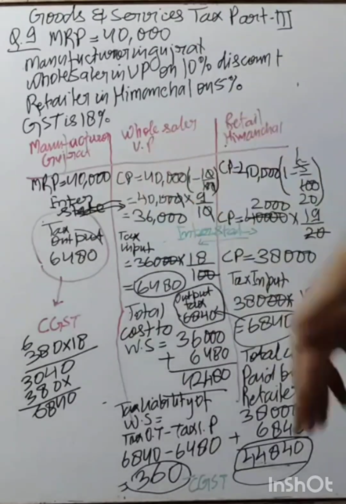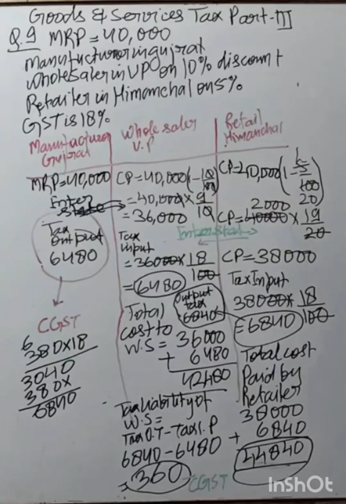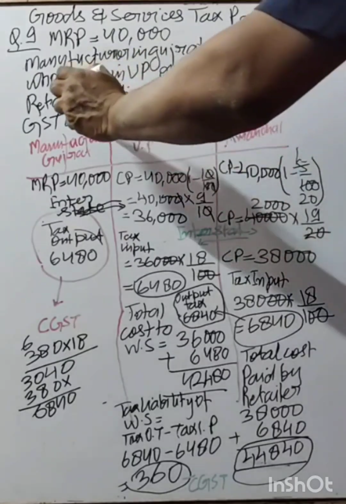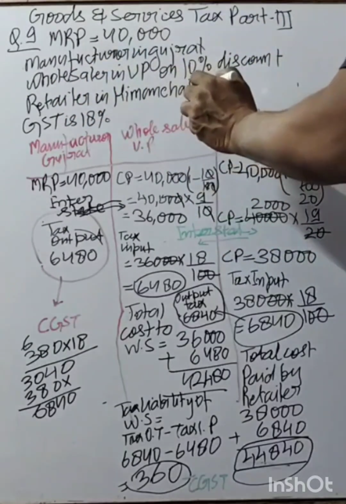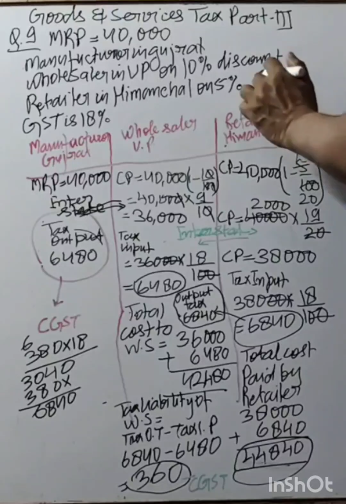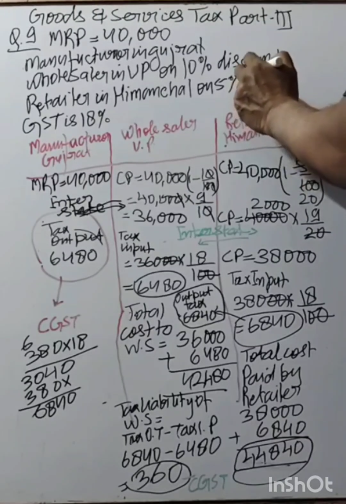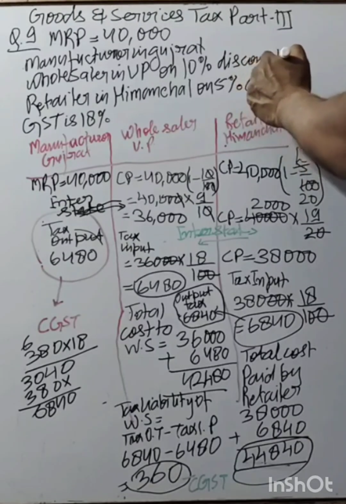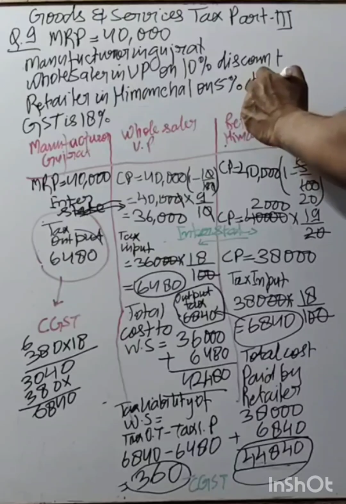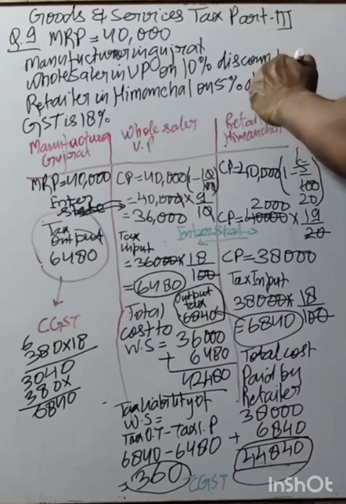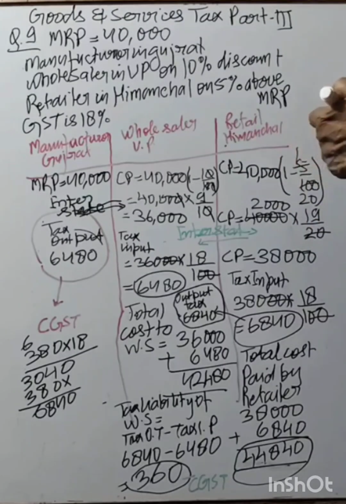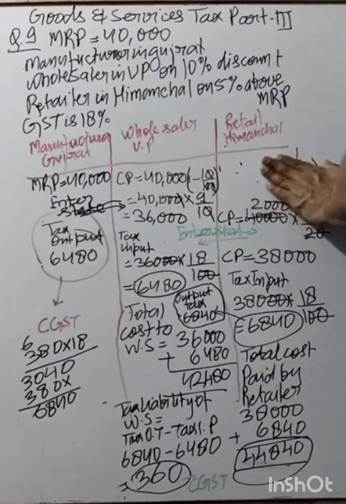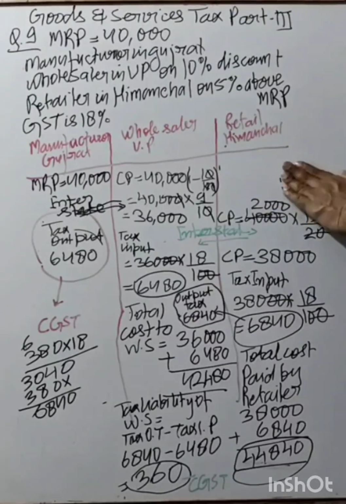If giving discount then all is correct, but he is selling to the retailer in Himachal Pradesh on 5% above MRP, right? So जब ये above MRP सेल कर रहा है तो ये क्या हो जाएगा?